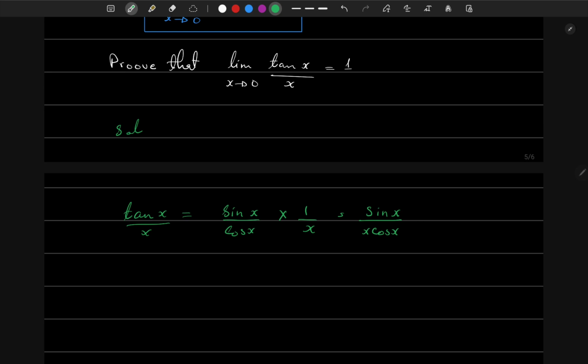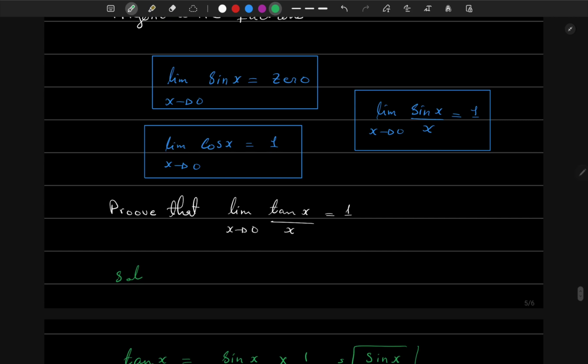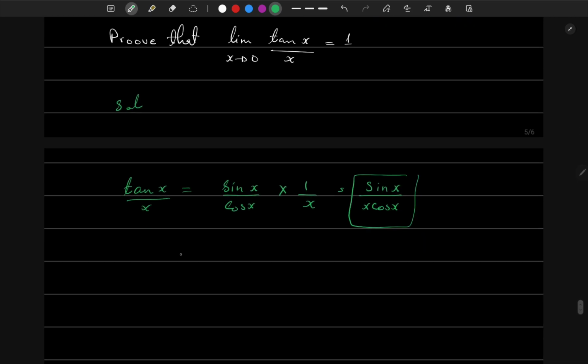I can separate this fraction so it looks like those rules here. So I'll make it into two fractions. It's going to be the limit when x approaches 0 of sine x over x multiplied by 1 over cosine x.